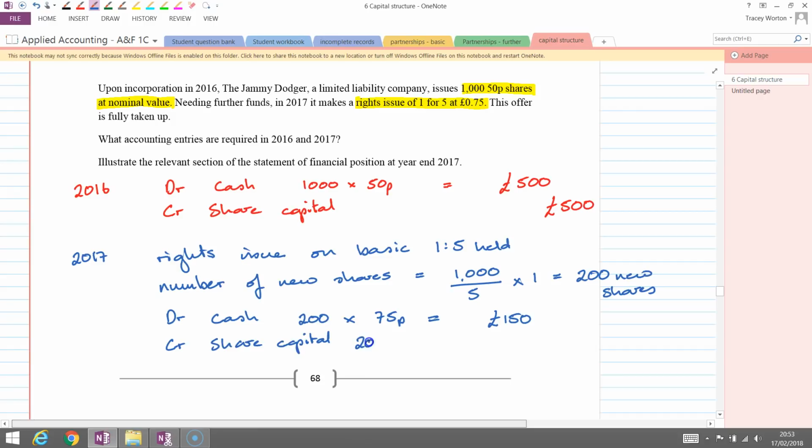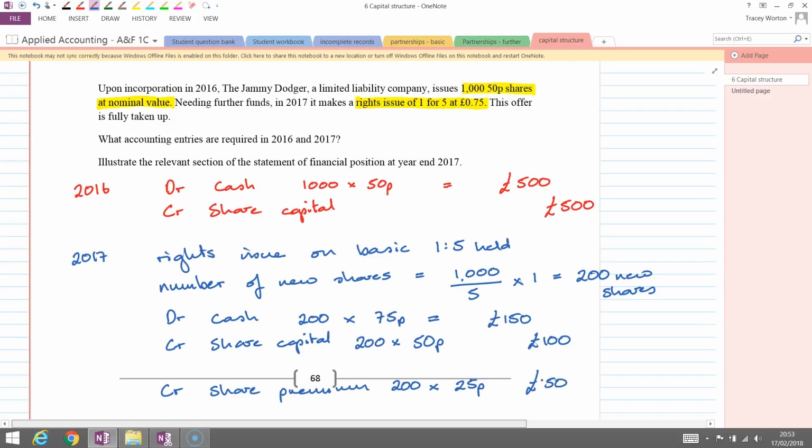So 200 shares times the nominal value of 50p. So we're going to have £100 into share capital. And then the balancing figure will go to the share premium. So 200 shares times 25p, so that means the £50 will go into the share premium account.